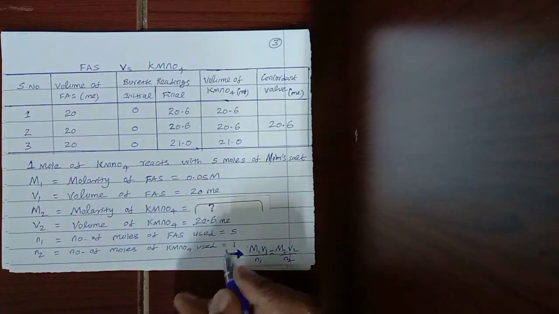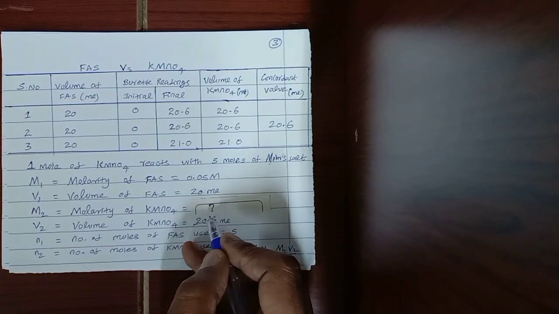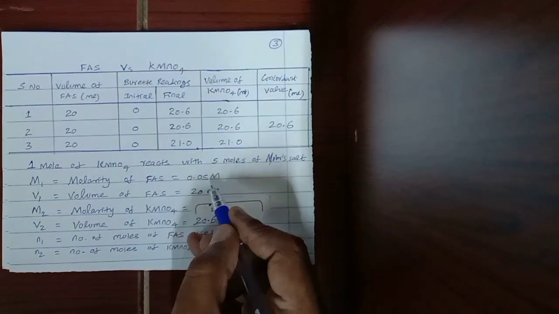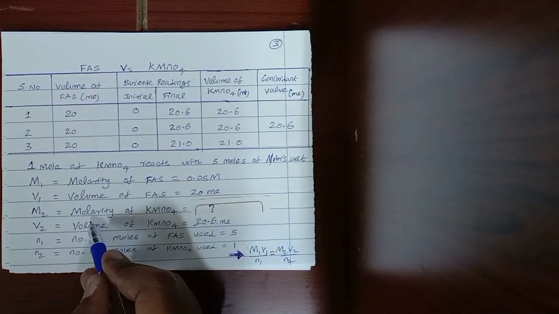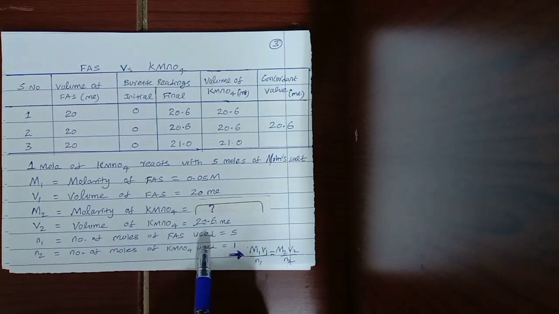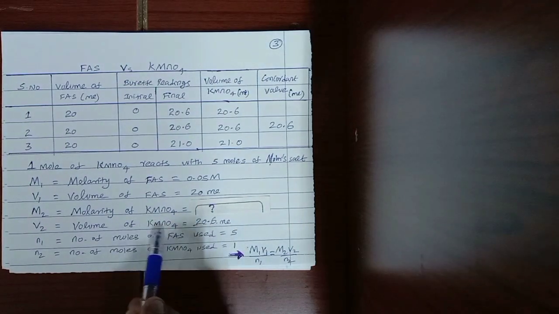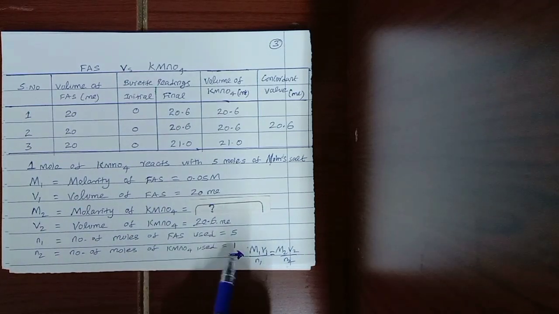Once we noted the reading, we want to fill it in the answer sheet. What we have written already, in that we want to fill. Molarity of FA we already know is 0.05, volume of FA is 20, molarity of KMnO4, that only we are going to find. Volume of KMnO4, whatever reading we got, we want to write it here. Volume of KMnO4, I got 20.6, so I have written it here. The number of moles is already written.